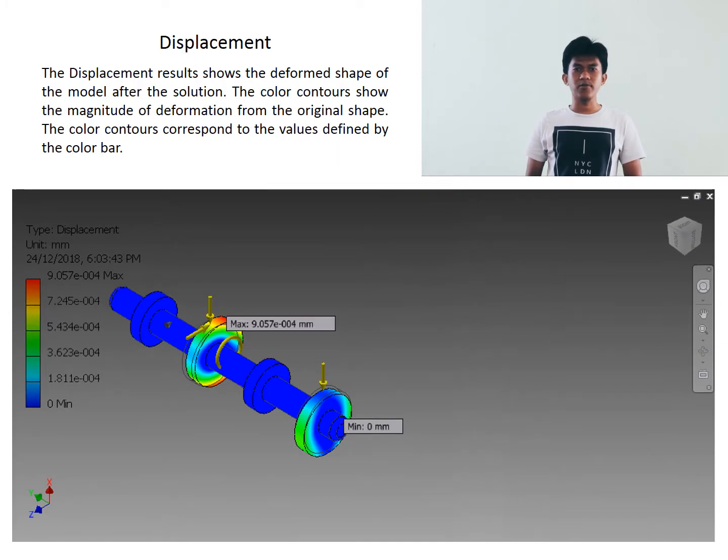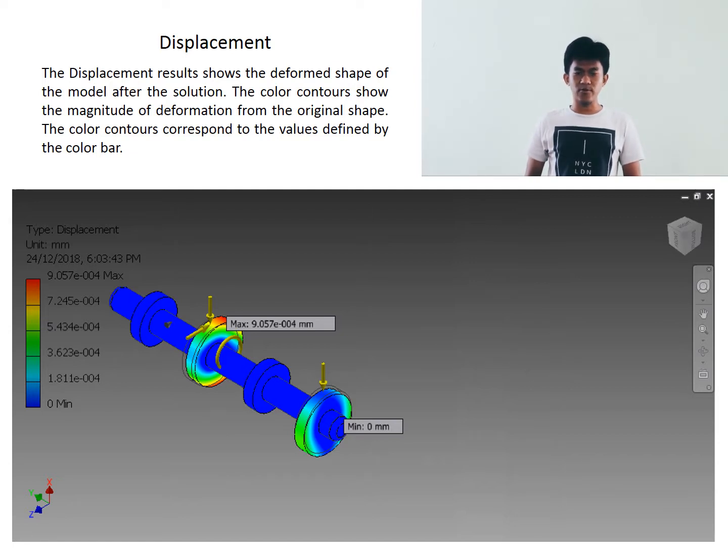As for the displacement of this shaft, the maximum value is 0.0009 millimeter, and it also takes place at the spur gear.